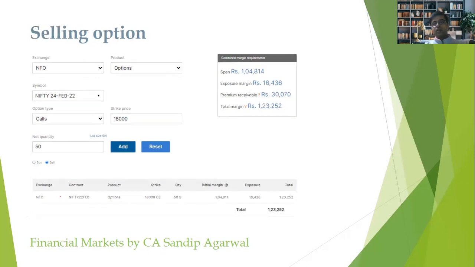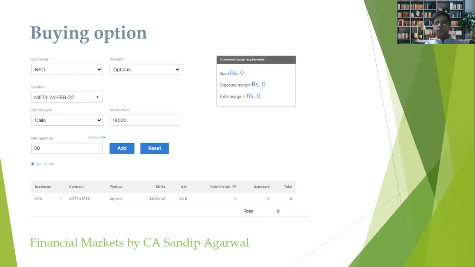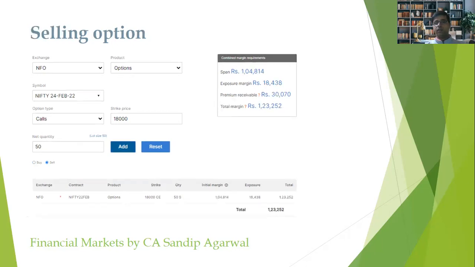The only thing is that this premium which has been received by the option seller, 30,070 rupees, will be paid by the option buyer. The option buyer will have the limited risk and the unlimited reward, whereas the option seller will have limited reward to the extent of 30,070 rupees only, and he will have an unlimited risk in case the Nifty futures start going upward beyond 18,000.